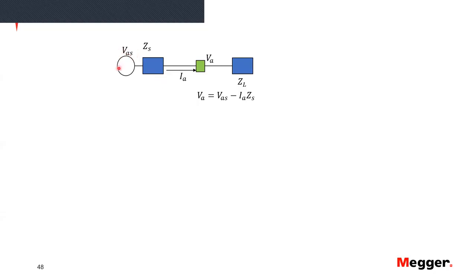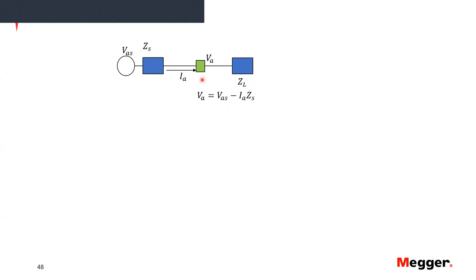You have to do a network analysis, the Thevenin equivalent of your system, and calculate what your voltage source and your source impedance is. Fortunately for us, there are a lot of programs out there that can do the calculation for us.